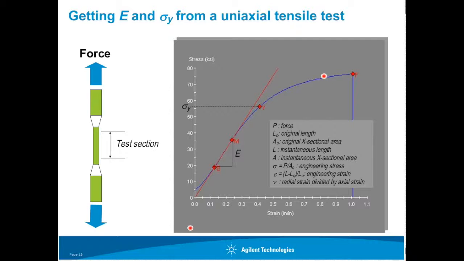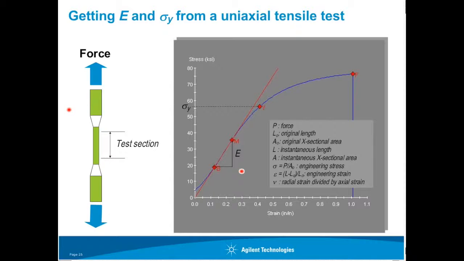Okay, if we look at the blue trace, we see some part during the initial part of that test where stress is linearly related to strain. If we increase the stress, we increase the strain proportionally, and that is a regime of elastic deformation, and we can take the ratio of stress to strain, and that gives us the Young's modulus of the material.